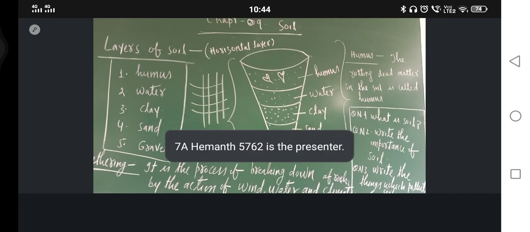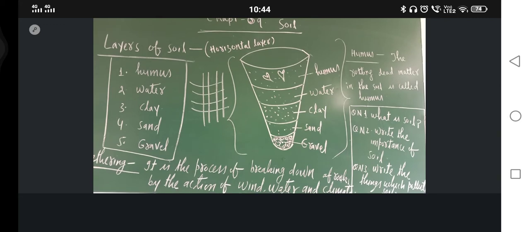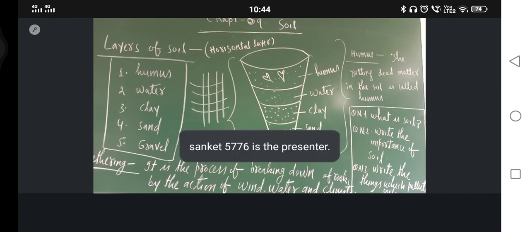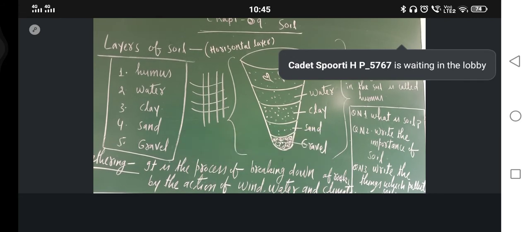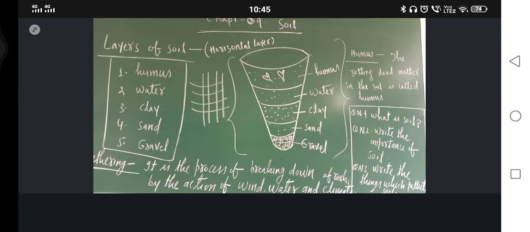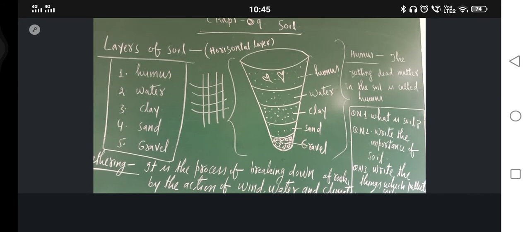It may be fertile, or it may not be, depending upon the type of rock. Okay, so this is the origin of different types of soil.